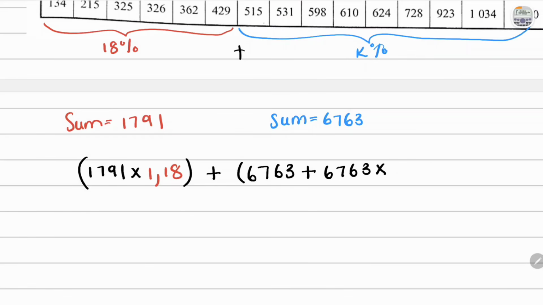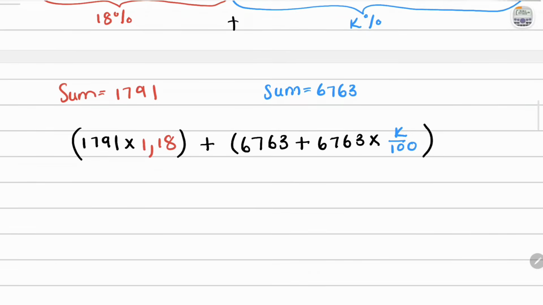But because this is a percentage, you see how we were able to convert 18% to 0.18? We can do the same thing for k by putting it over 100. 0.18 is the same thing as 18 over 100. So that's how we can calculate that increase so that it doesn't confuse anything. We can still see exactly where the k is, and whatever k gives us, that is the percentage increase.